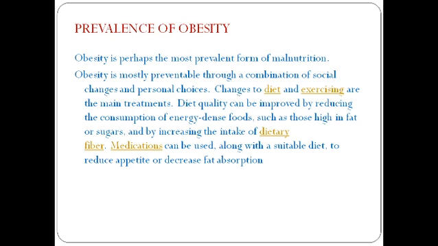Now, what is the prevalence of obesity? Obesity is perhaps the most prevalent form of malnutrition. It is a chronic disease prevalent in both developed and developing countries and affecting children as well as adults. It is now so common that it is replacing the more traditional public health concerns, including undernutrition.